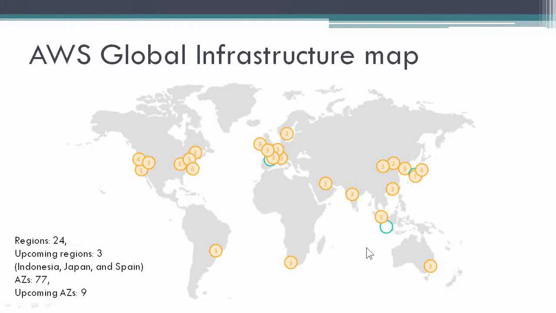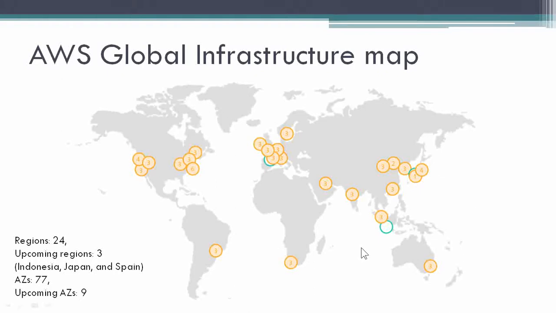So these circles indicate the AWS regions. Currently there are 24 regions available all over the world, and three regions are upcoming.